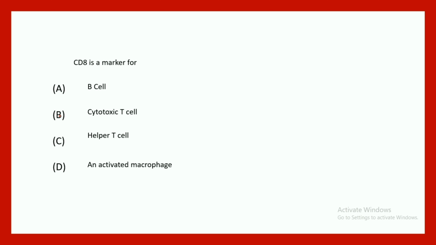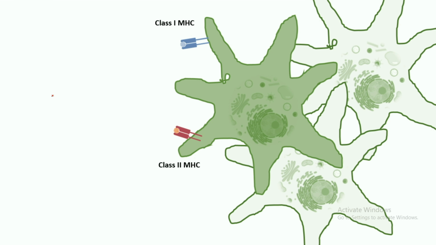Okay, let's talk about the next question. CD8 is a marker for B cell, cytotoxic T cell, helper T cell, and an activated macrophage. It's very easy. The question says what CD8 marker stands for, and it's a co-receptor for cytotoxic T cell. So just to give you a quick idea, inside the thymus, development of the T cell takes place.